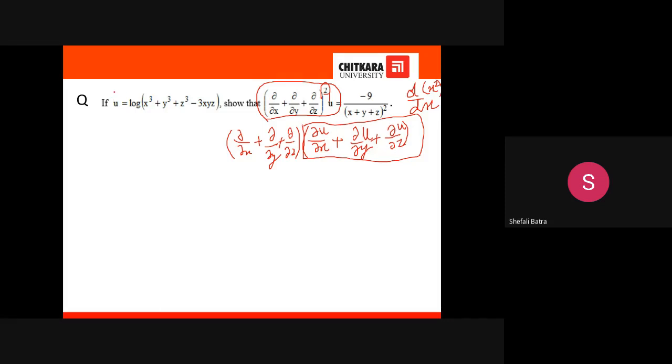So you have the function u equal to log of x cube plus y cube plus z cube minus 3xyz. Hurry up, just take 1 minute and find all three derivatives.